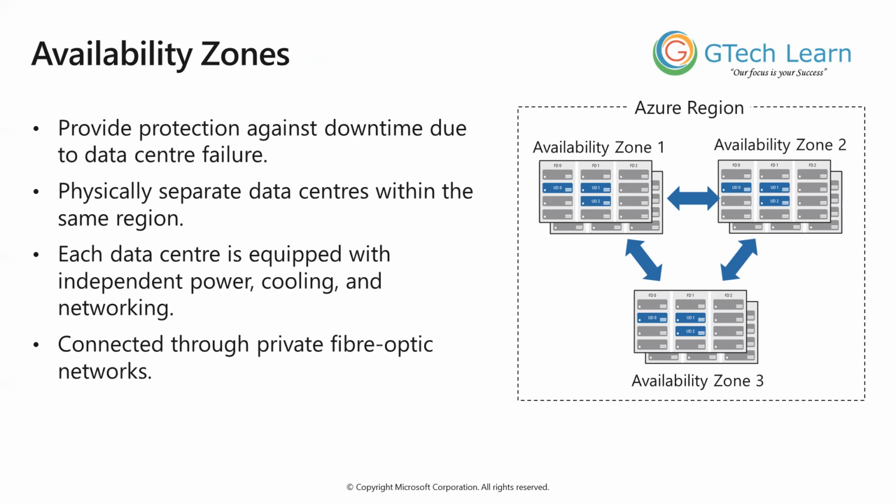You can see here in the figure, this is an Azure region. We have 3 availability zones here, and they are connected to each other through high speed private fiber optic networks. Each of them has independent power, cooling, and networking infrastructure.